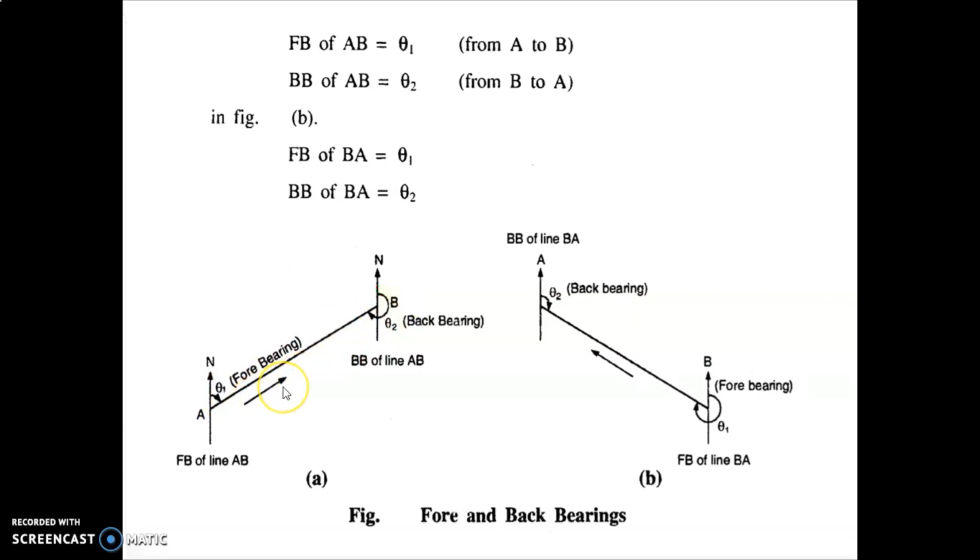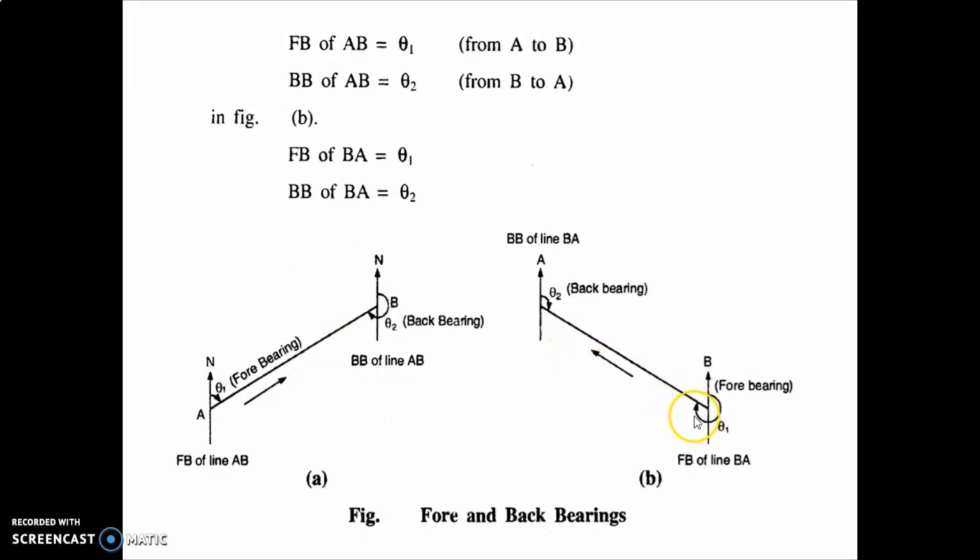This is the forward direction of survey. We are proceeding in this direction, and whatever angle we make with respect to north, theta 1, is the forebearing of line AB, and theta 2, which we measure in the reverse direction of line AB, is called the back bearing of line AB.